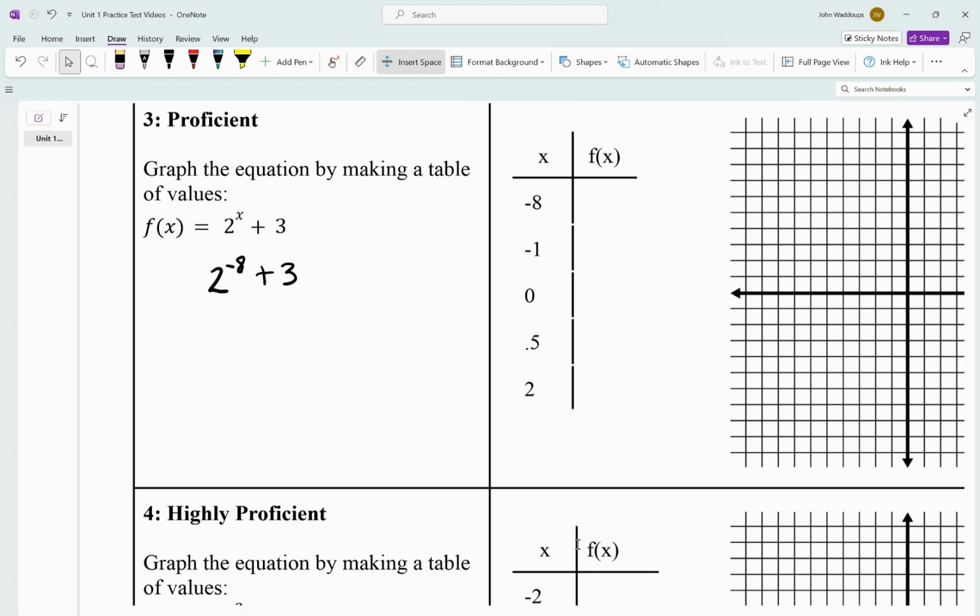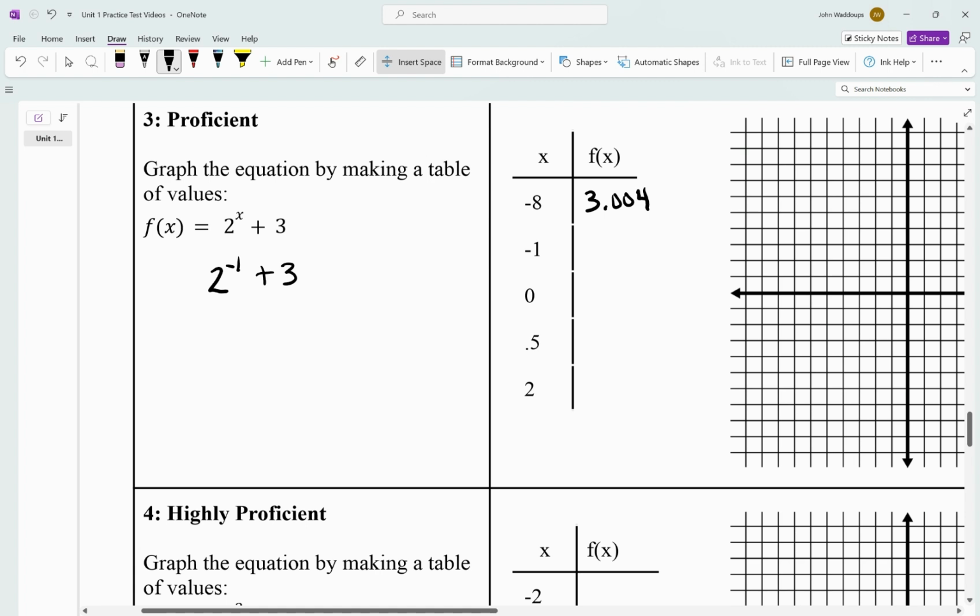But then that's added to 3. So if I go back to this and just hit plus 3, it makes it 3.004. And then I'm going to substitute in the other values. Here's negative 1.